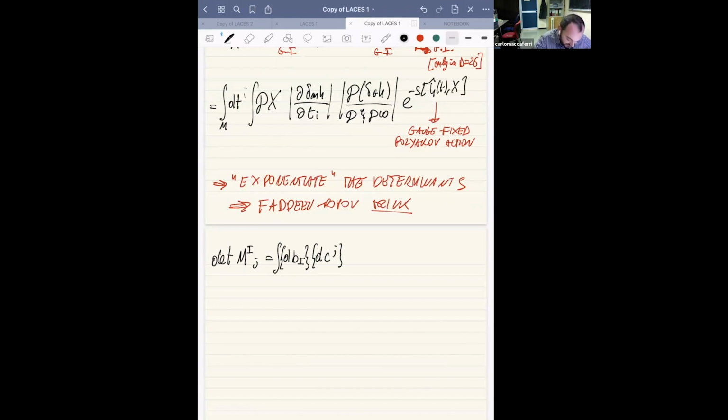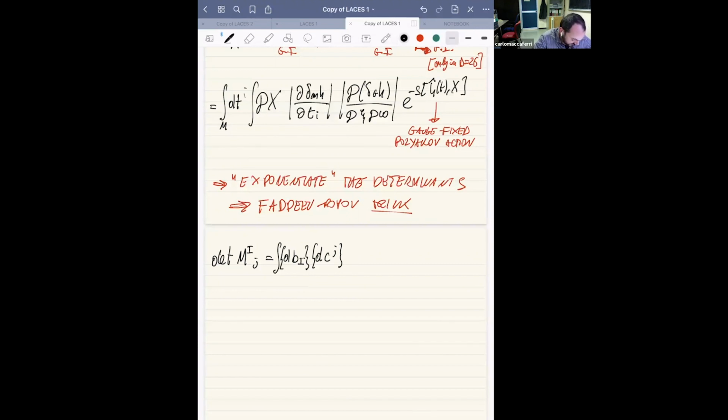This is a finite dimensional integral, and so I have as many B as the values of the big I index, and as many C as the possible values of the j index.